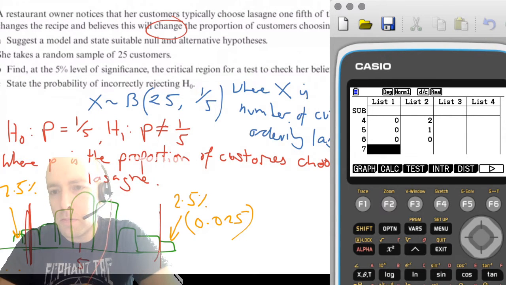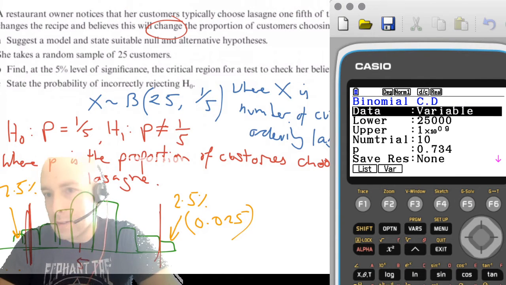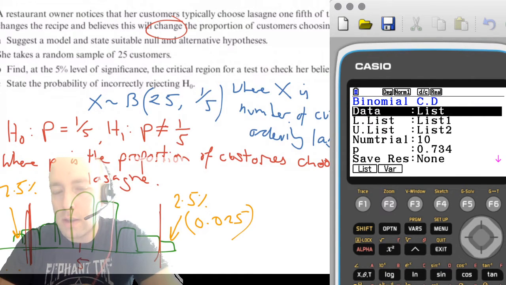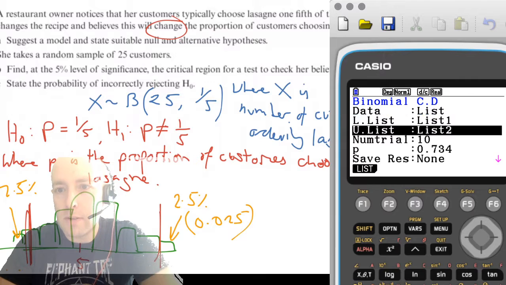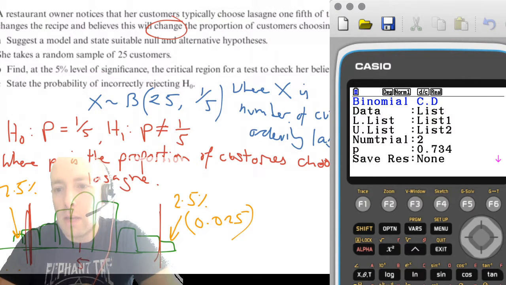And remember on the graphical, you need to put in the lower and the upper boundaries. So distribution, binomial distribution, BCD. For our lower value, we're looking at lists. We need to tell the calculator to use list mode. List 1, yeah, the lower values. List 2 is the upper values. Number of trials: there's going to be 25 trials. And the probability of success is 1/5, which is 0.2.